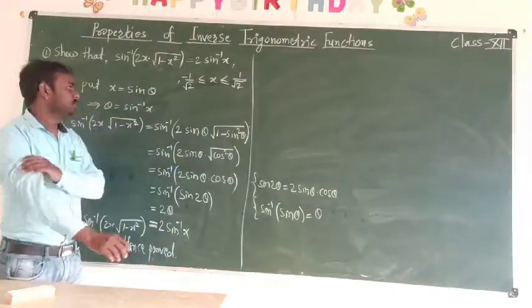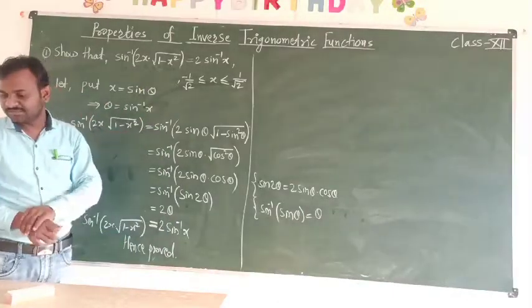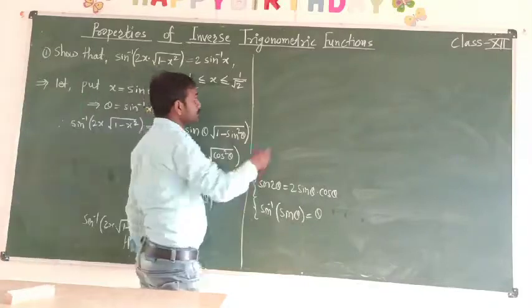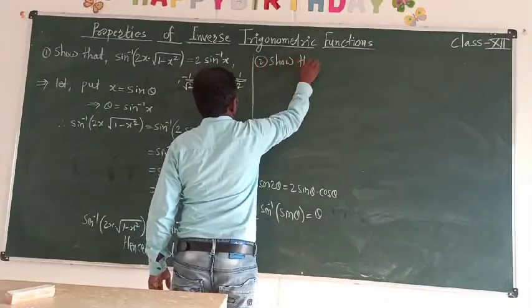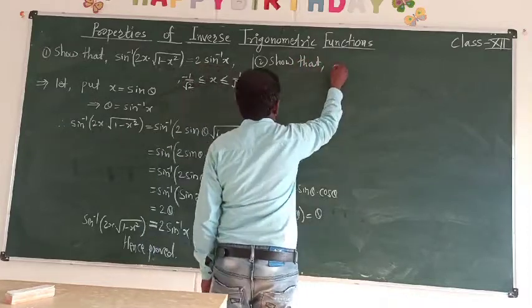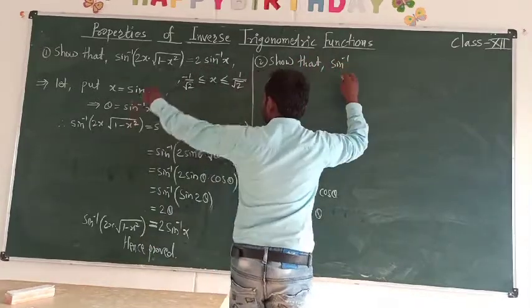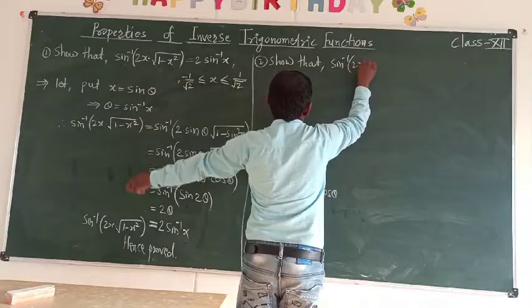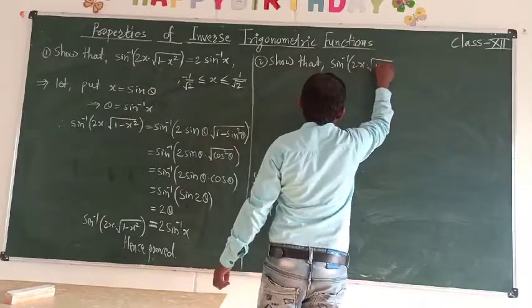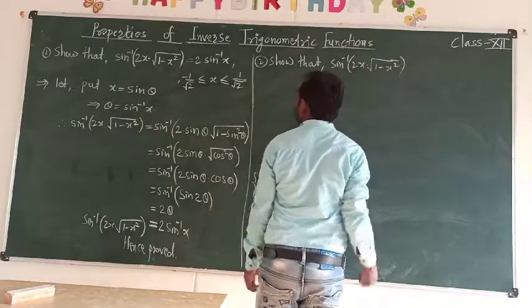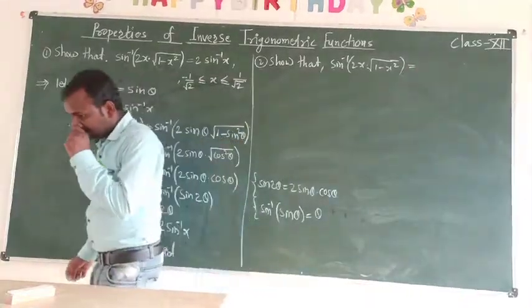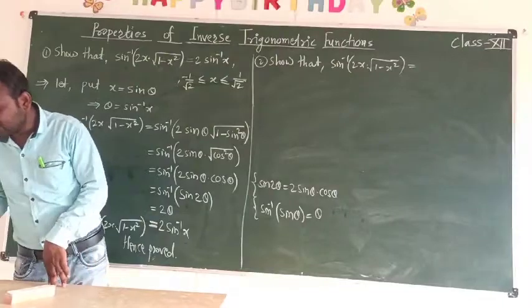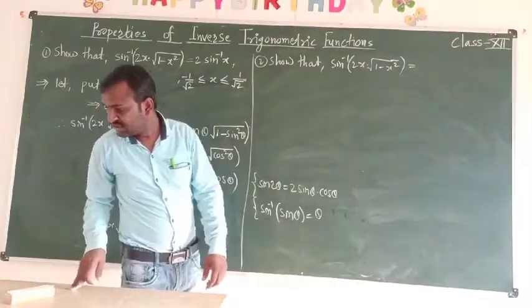Now we solve another example. Show that sin inverse of 2x into under root of 1 minus x square is equal to 2 cos inverse x.